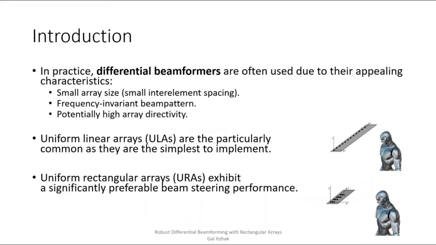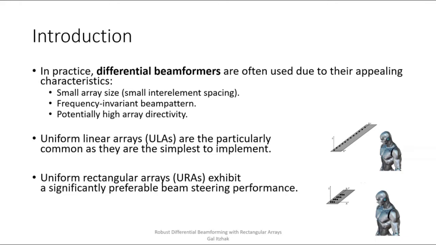Over the years, numerous beamformers have been proposed, but differential beamformers are considered particularly appealing, as they exhibit a small array size, a frequency-invariant beam pattern, and they are also potentially capable of achieving high array directivity. Uniform linear arrays, or ULAs, are probably the most common type of differential beamformers, as they are the simplest to design, apply, and analyze.